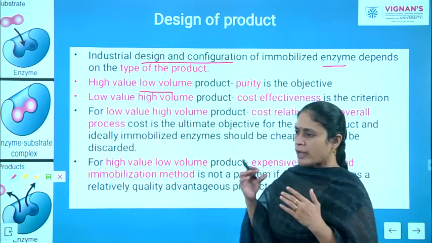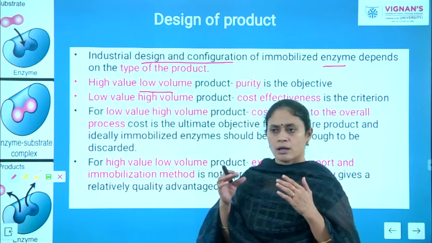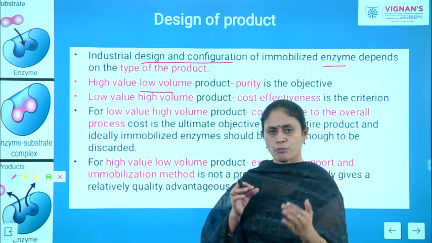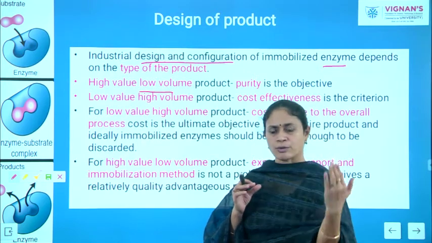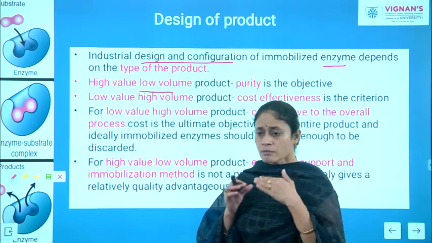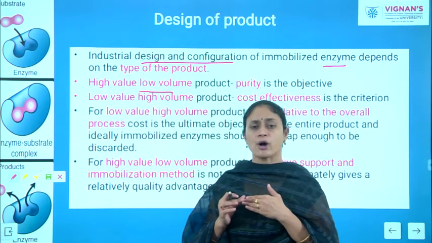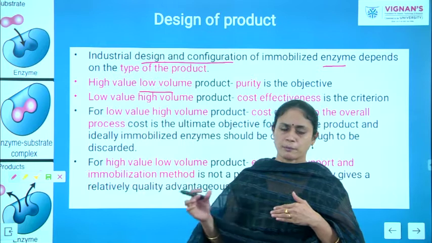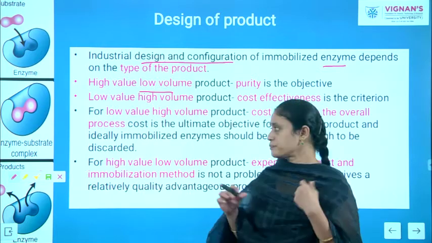So, you have to choose your purification and the amount of purity required. You have to design your downstream processing according to the product you are going to obtain through that particular reaction.